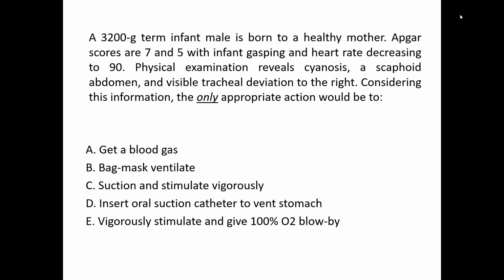Considering this information, the only appropriate action would be: get a blood gas, bag mask ventilate, suction and stimulate vigorously, insert an oral suction catheter to vent the stomach, or vigorously stimulate and give 100% O2 blow-by. D. Very good. Insert an oral suction catheter to vent the stomach.